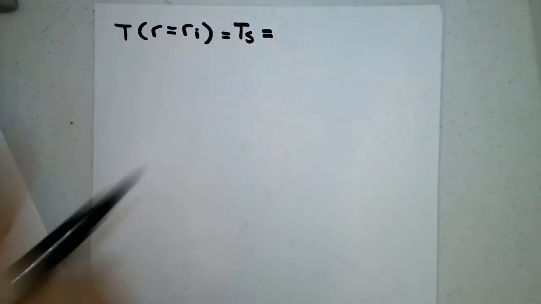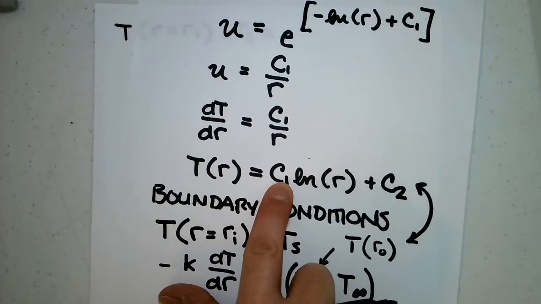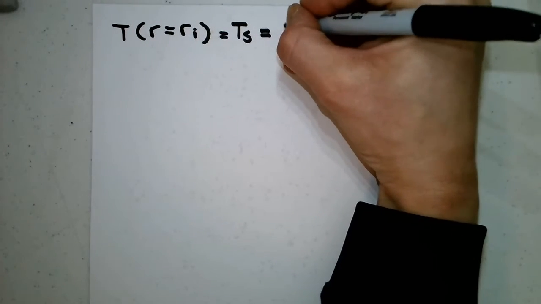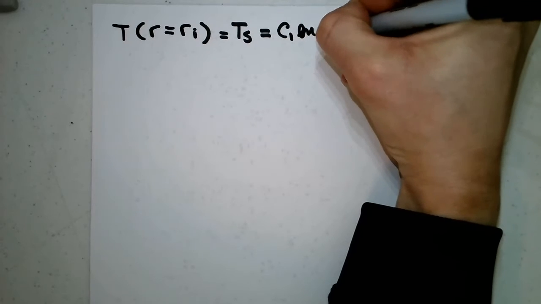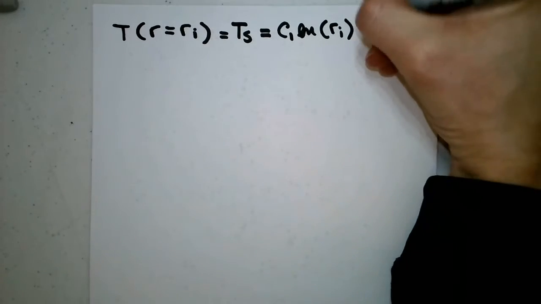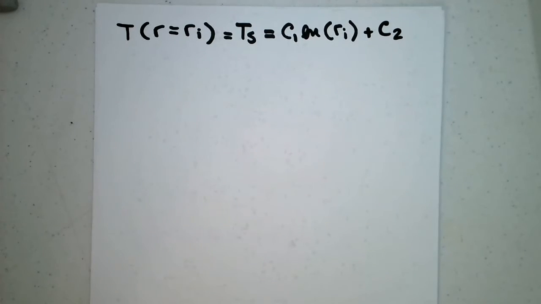So this equals T of R evaluated at R_I, so we're going to plug in C1 natural log of R_I plus C2 equals T_S. So again, we can solve for either one of these. We can write C1 as a function of C2, or it'd be pretty quick and easy to write C2 as a function of C1. C2 equals T_S minus C1 natural log of R_I.